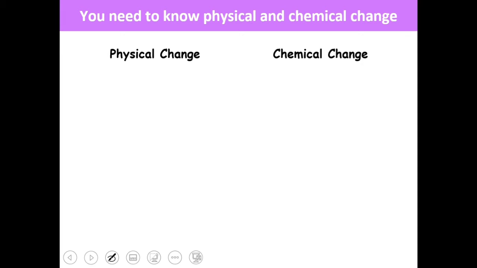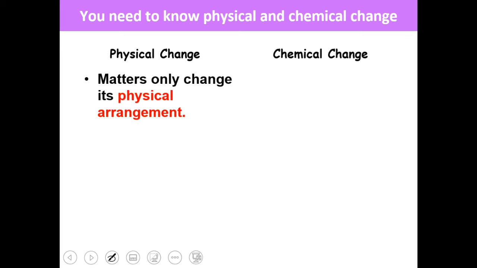So physical change and chemical change, we need to understand those two differences. I know you have a table, so I want you to fill this one in one by one. When people mention physical change, that specifically refers to matter only changing physical arrangement.